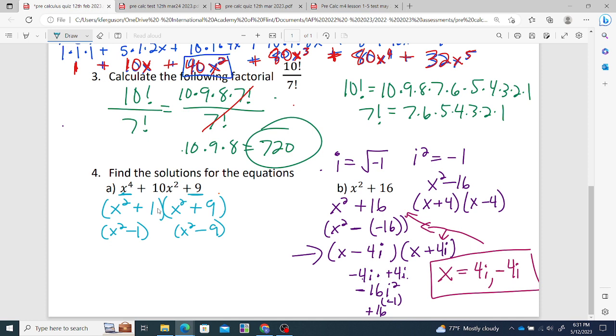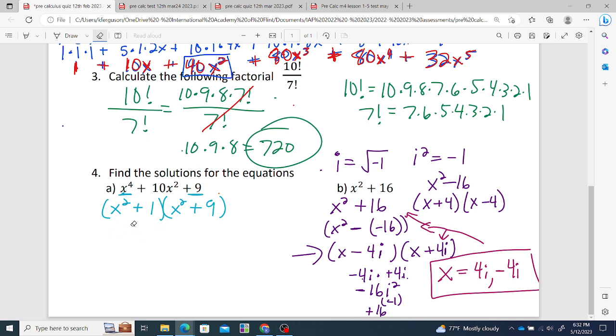Both of those qualify to be called what? Come on, Malcolm. It is the difference of squares. Remember, difference means subtraction, and we're talking about perfect squares. 1 is a perfect square, 9 is a perfect square, and of course, x squared is a perfect square. So that's what I want you to put in your head.